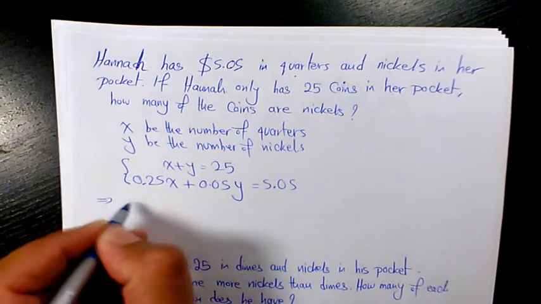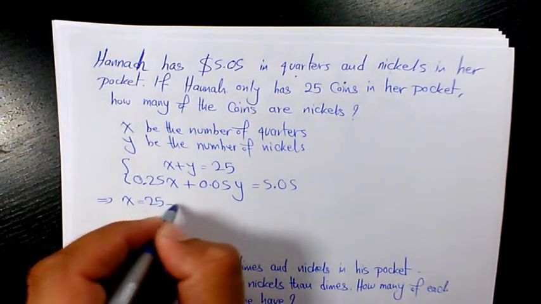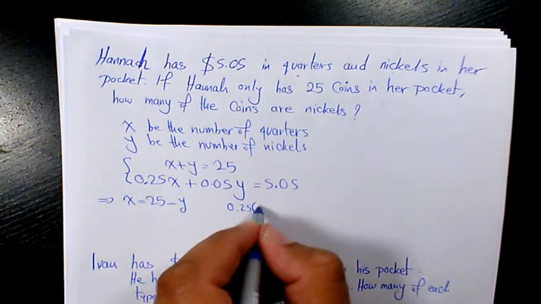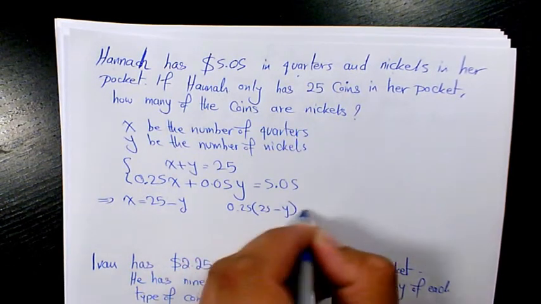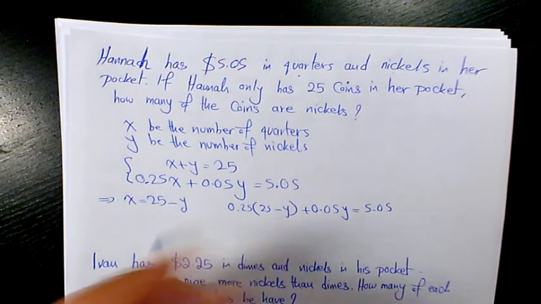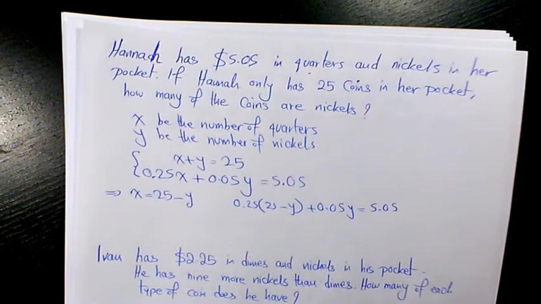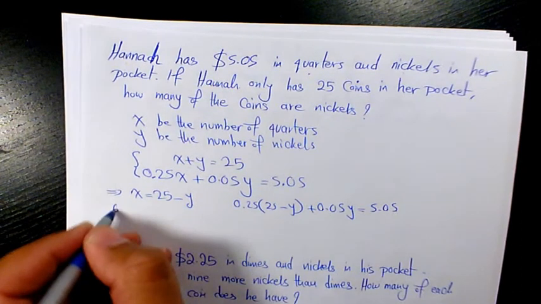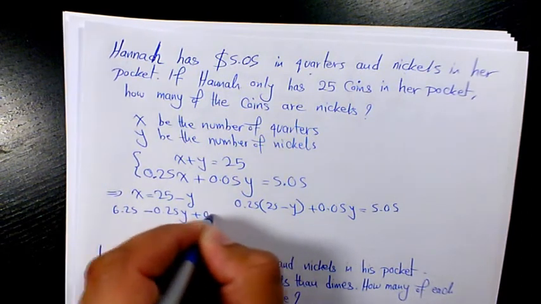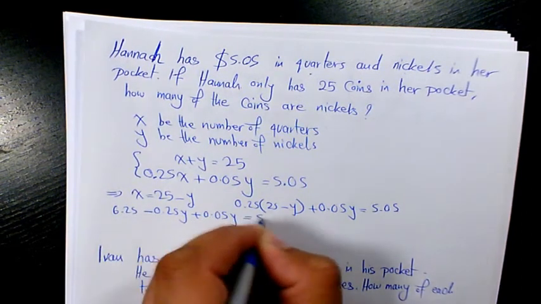So again, X equals 25 minus Y, sub it there: 0.25 times (25 minus Y) plus 0.05 Y equals 5.05. Then I can say 0.25 times 25 is going to be 6.25 minus 0.25 Y plus 0.05 Y equals 5.05.